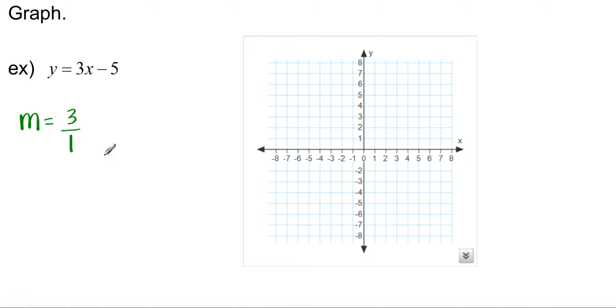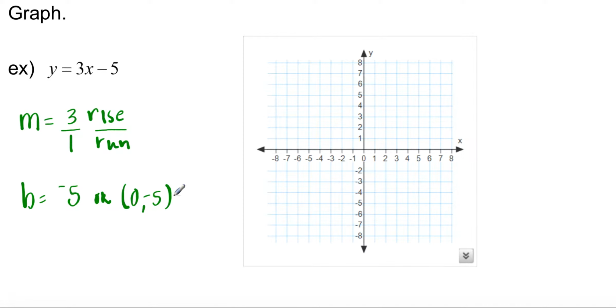Just like we mentioned in the previous video about slope, when we're graphing, we're going to use rise over run. And then our y-intercept is negative 5, or we might want to write that as 0, negative 5. If you write it as an ordered pair, I think you're less likely to plot it incorrectly.